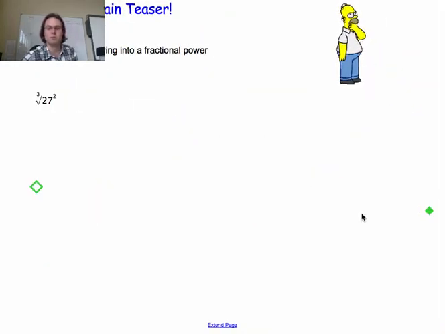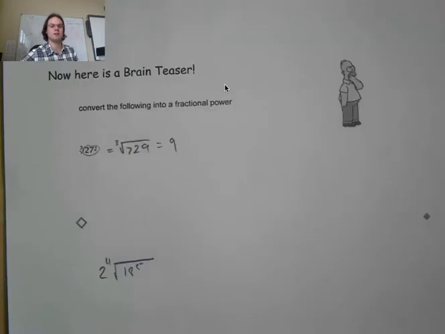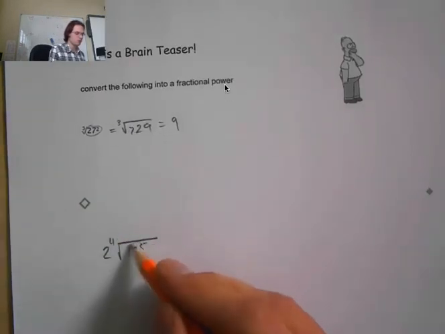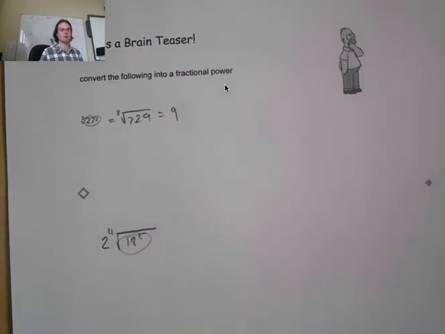It looks like this. So we have 2 multiplied by the 4th root of 18 to the 5. Well, let's take a look at that. So first I'm going to go this all to the power of 5. That's going to give me a big number, isn't it?